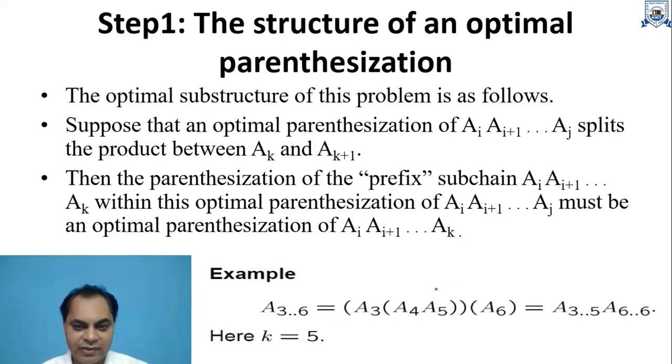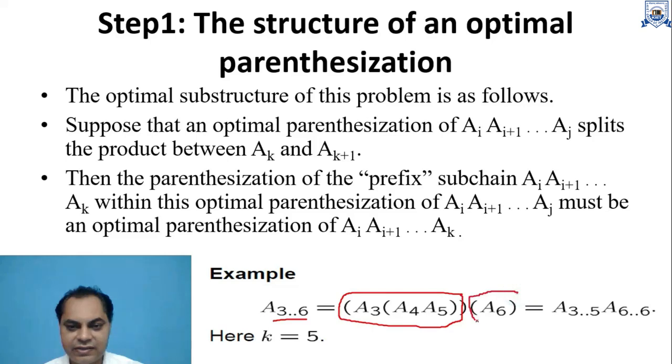For example, let's say we have A3 to A6. That means A3 to A6 we have to multiply. The value of i is 3, the value of j is 6, and let's say k is 5. That means the whole chain is divided into two portions, A3 to A5 and then A6.